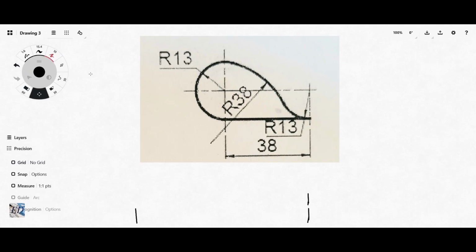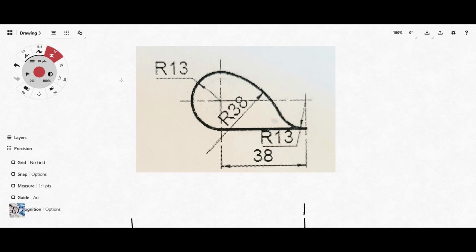So the distance from this point to the center is the same as the radius. In the same way, when you come here, the distance from this point to the center is the same as the radius of the circle.